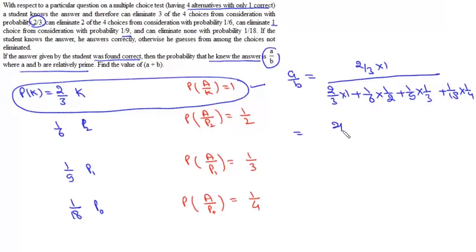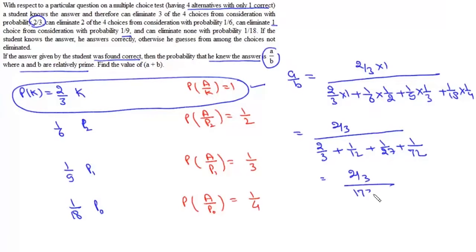So it will be 2/3 upon 2/3 plus 1/12 plus 1/27 plus 1/72, which is 2/3 upon 173 upon 216.